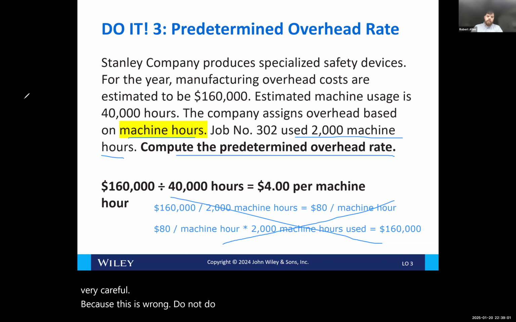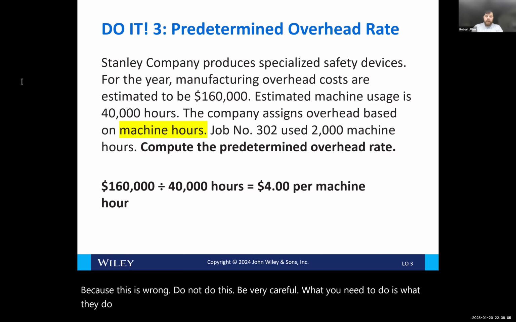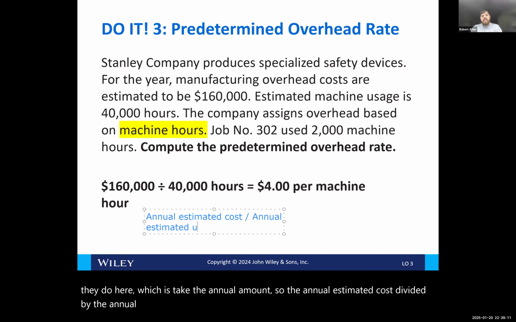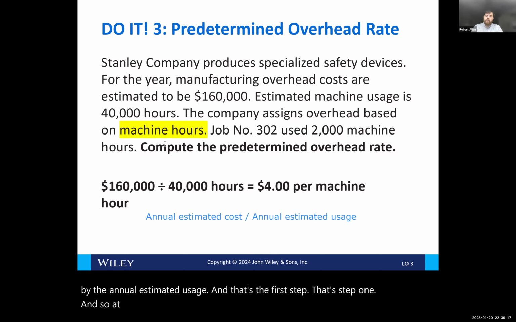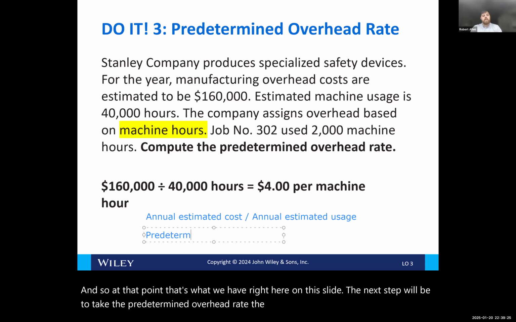What you need to do is what they do here, which is take the annual amount, so the annual estimated cost, divided by the annual estimated usage. And that's the first step. That's step one. And so at that point, that's what we have right here on this slide. The next step will be to take the predetermined overhead rate times actual usage.